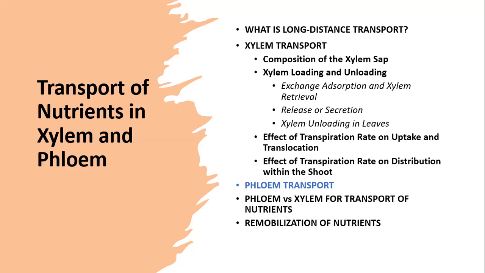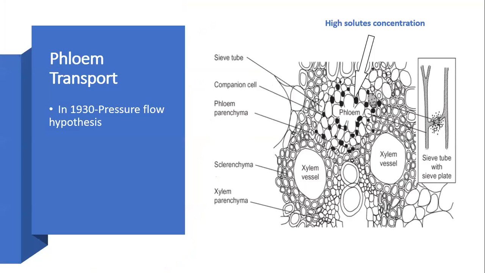So today we will talk about phloem transport, and phloem transport is very important, like the xylem transport, because it helps the nutrients to move into the different parts of the plant body and different organs.